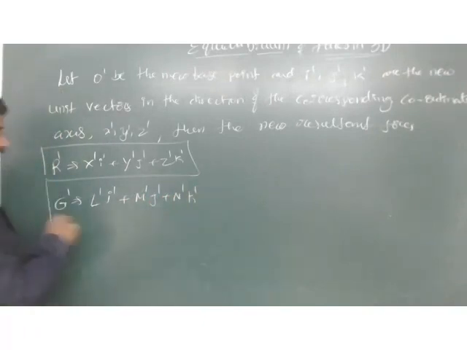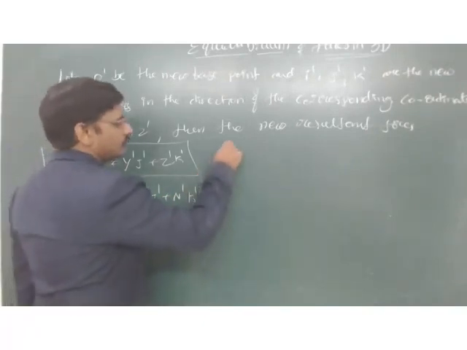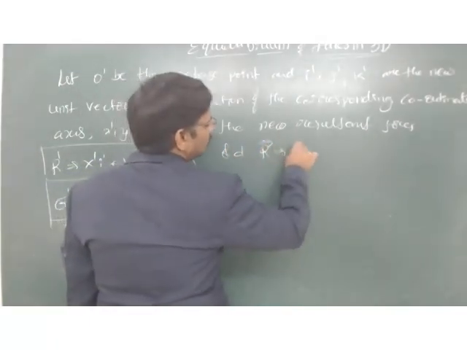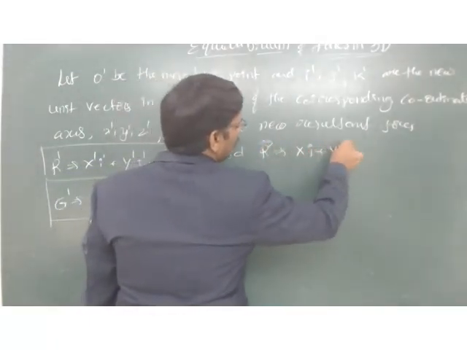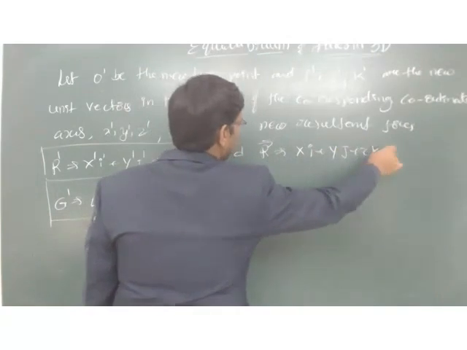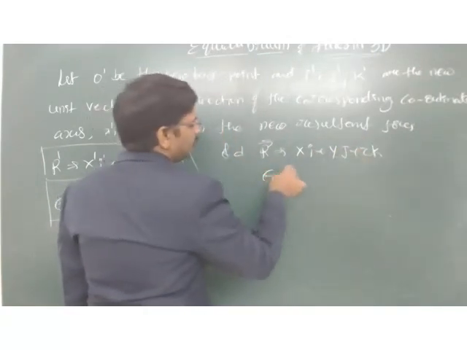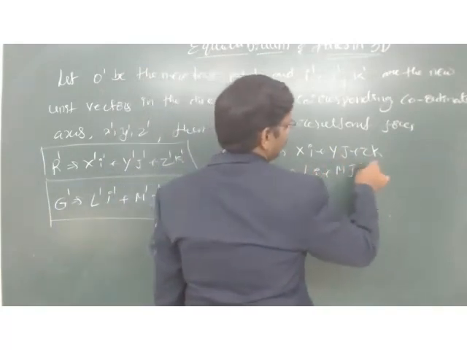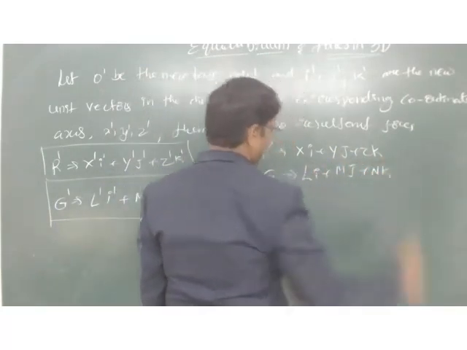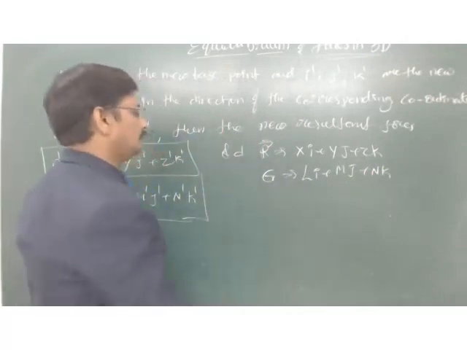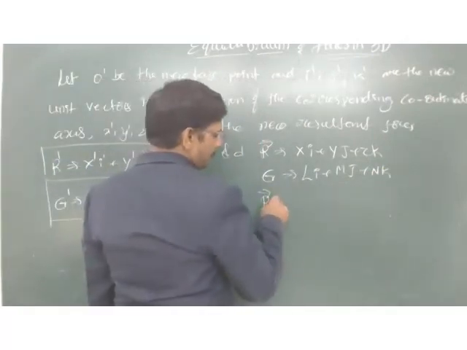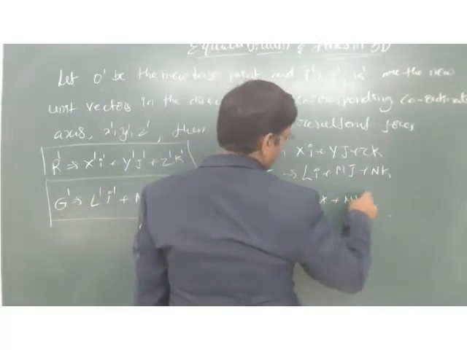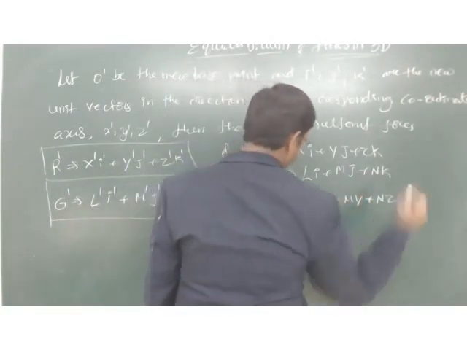And in the original frame, the resultant force R is equal to Xi plus Yj plus Zk, and similarly G is equal to Li plus Mj plus Nk. Now this dot product we proved is Lx plus My plus Nz, right?